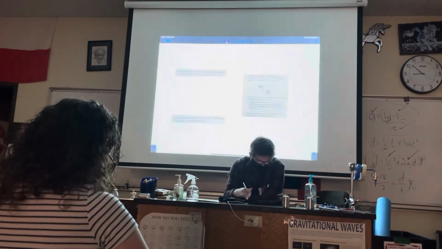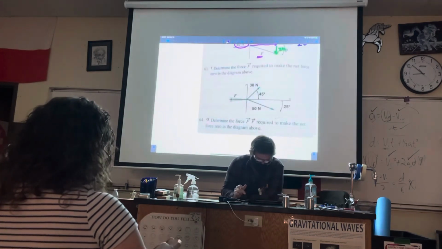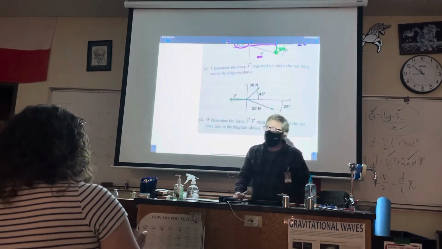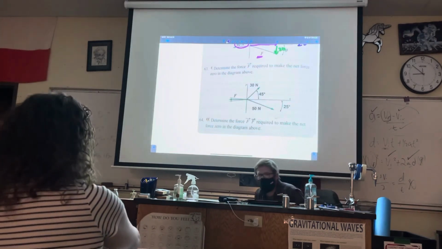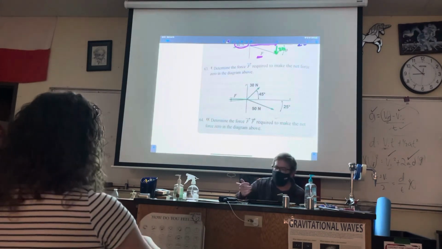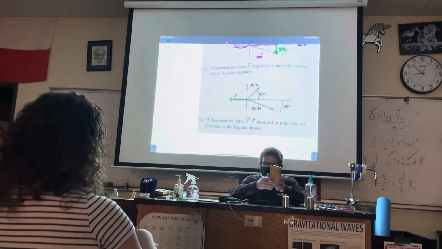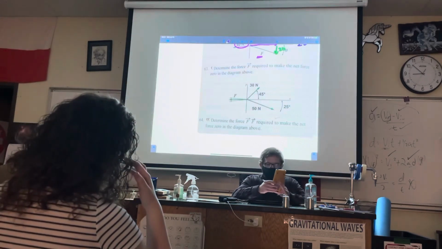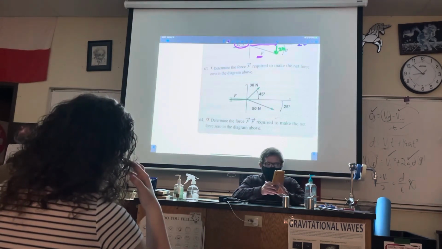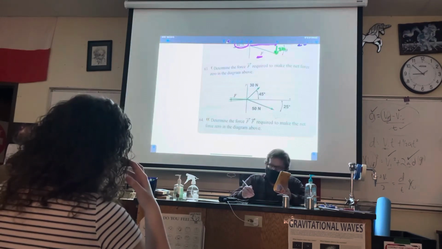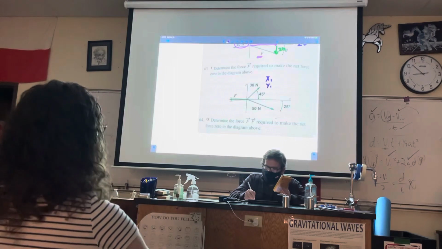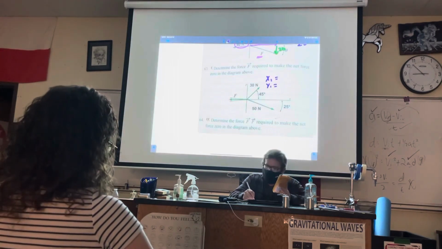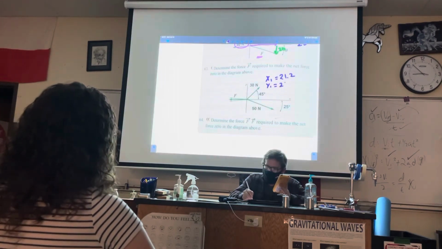All right. Okay, then number 64, we're doing the same thing, except what do you have to do first? You have to break this into components. So, you got to break 30 into components, 30 cosine 45, 21.2. So we've got basically x1, y1 is 21.2, 21.2.